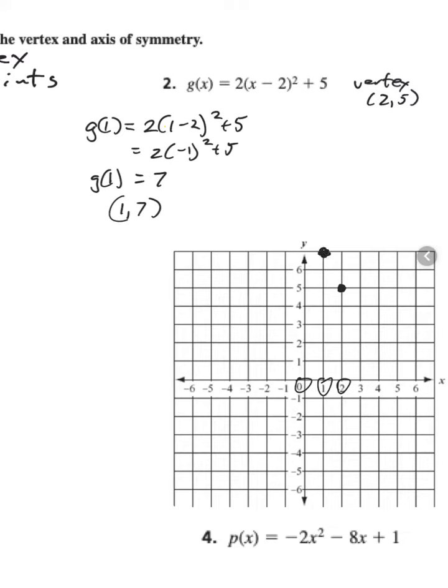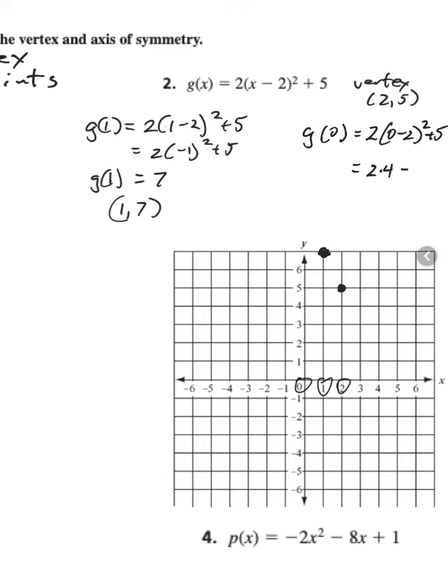Now I need one more point, G of 0. G of 0 is going to be a larger number. It's 2 times 0 minus 2 squared plus 5, which gives me 2 times negative 2 squared, which is 4.